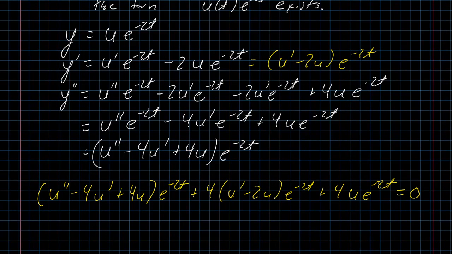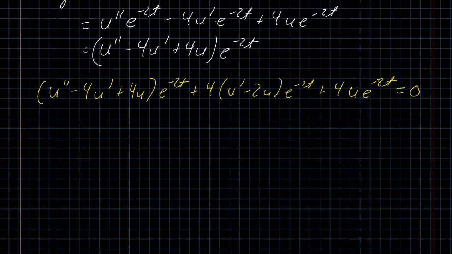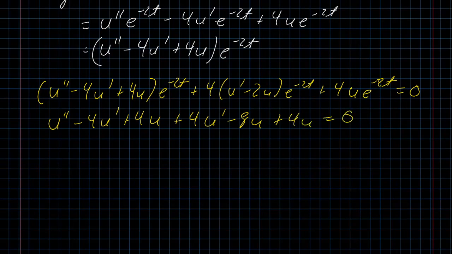And I can divide both sides of this equation by e^(-2t), and all those things are going to go away. Factoring doesn't really help all that much except to compress all this so it all fits on one line. And I've got u'' - 4u' + 4u + 4u' - 8u + 4u = 0.